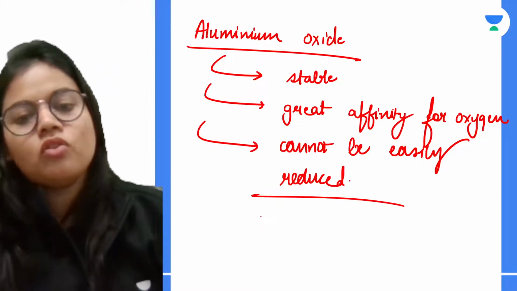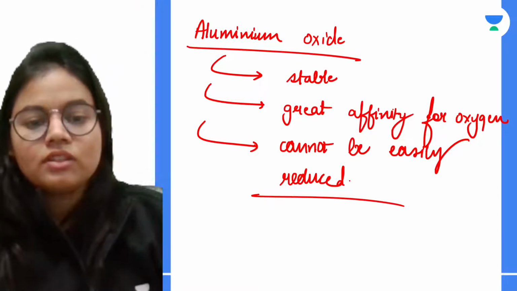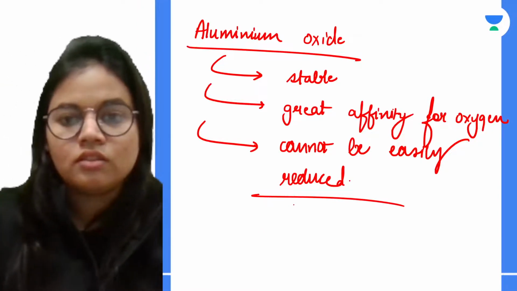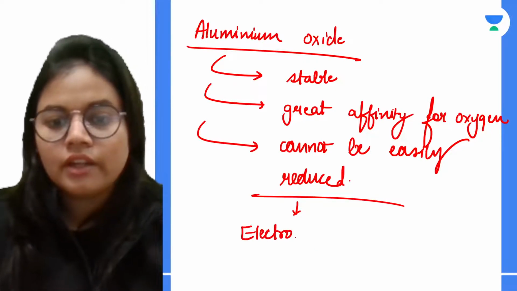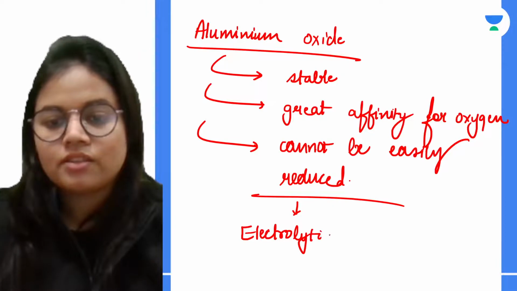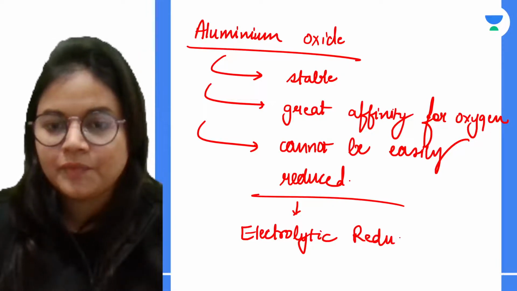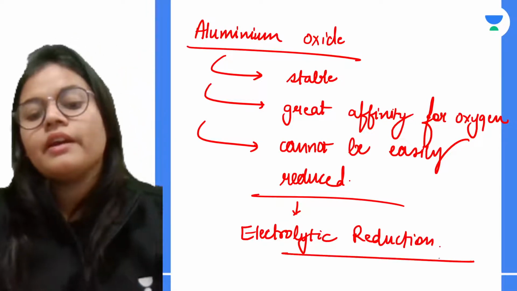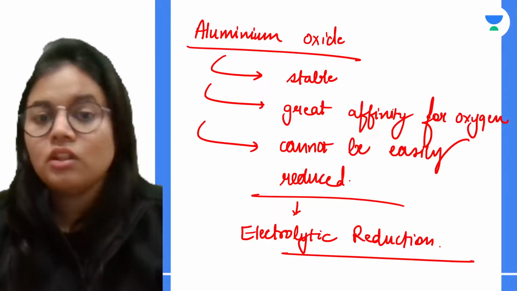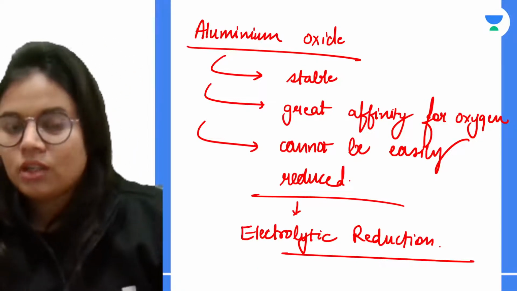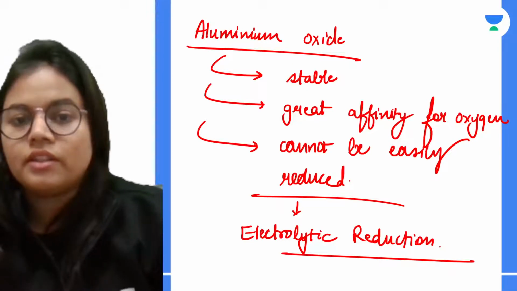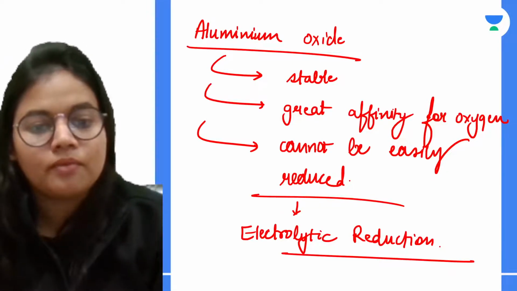Okay, so for this reason, we are following the electrolytic reduction. The reason is it is not possible for some of the easily available reducing agents to reduce this to get the aluminium.